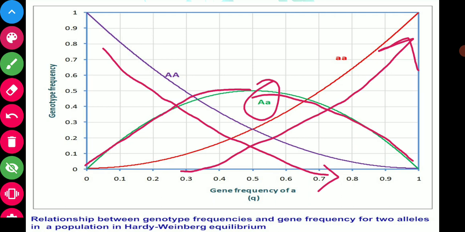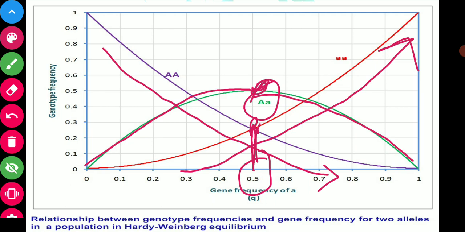When will it reach the maximum? It will reach the maximum when both homozygous genotypes have intermediate frequency, that is 0.5.